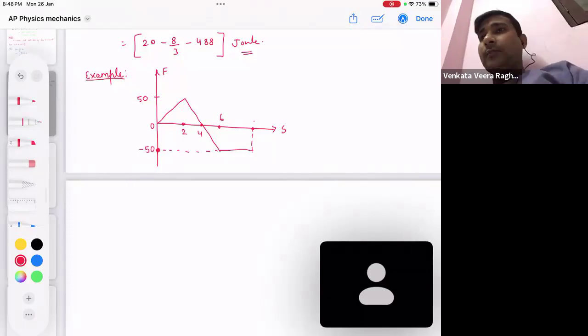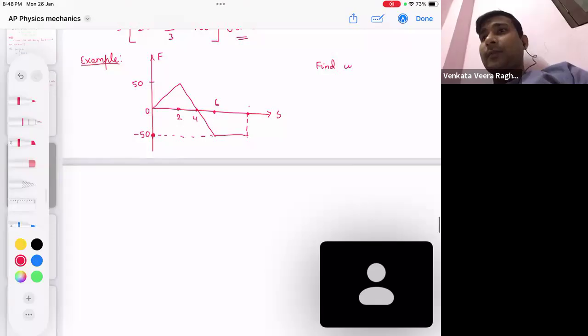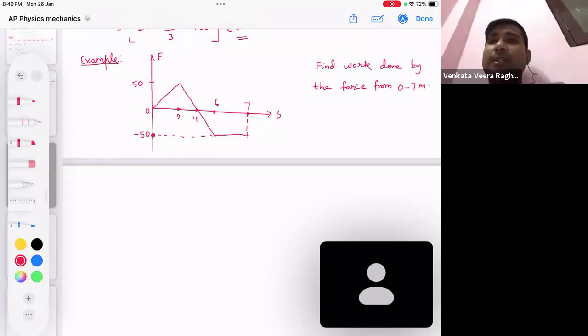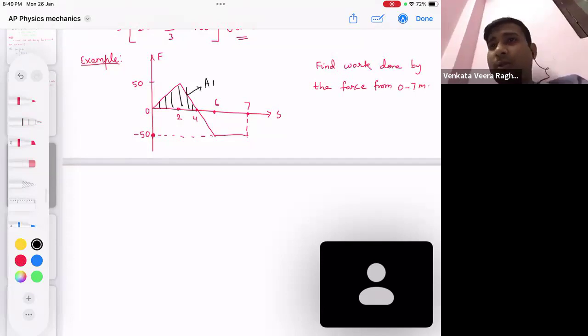Find the work done by the force from 0 to 7 meter. This is 7 given to us. So please tell me, simple question, just needed to find out what are the areas. The upper portion let's take as A1 and the lower portion, let's take that area as A2.